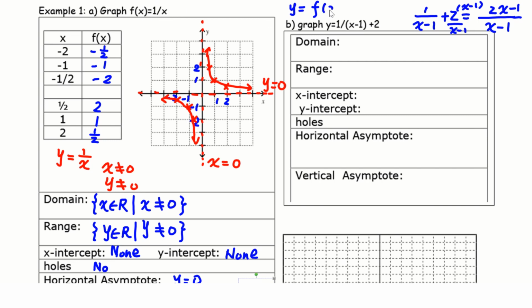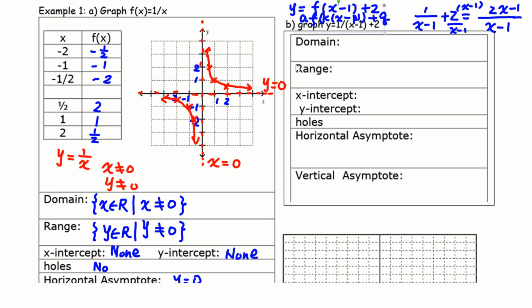So the first term is f of x minus 1, then plus 2. By writing it in this way, it is compared to the general form, a times f of k bracket x minus p, then plus q.